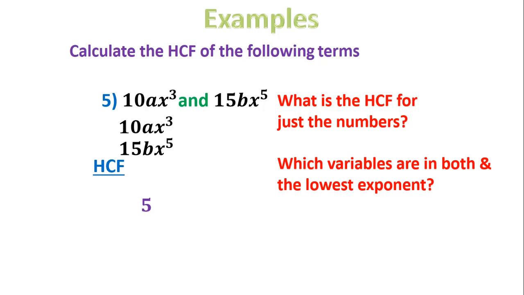Which variables are in both terms? I've got an a in the first term, I've got a b in the second term, but I've got x's in both terms, and so I write down x. Now I look at my exponents. I've got a 3 and a 5, and so I write the lower of the two. I write 3, and so my answer is 5x cubed.